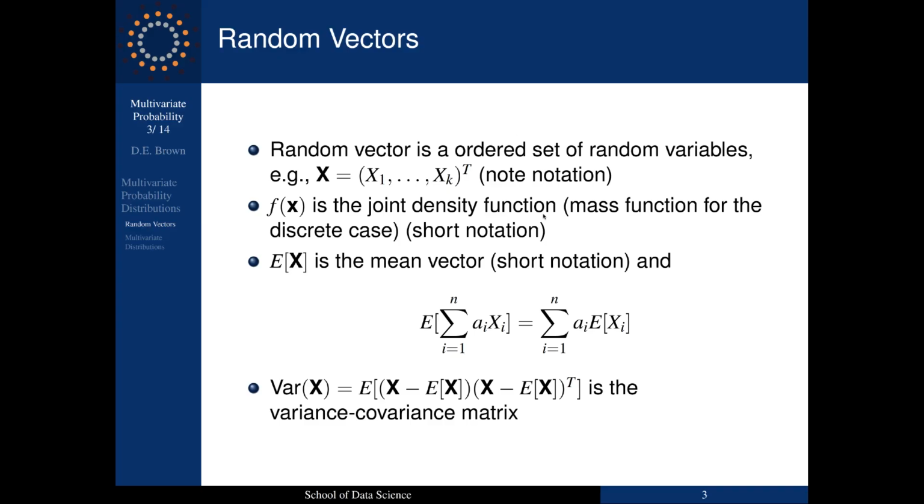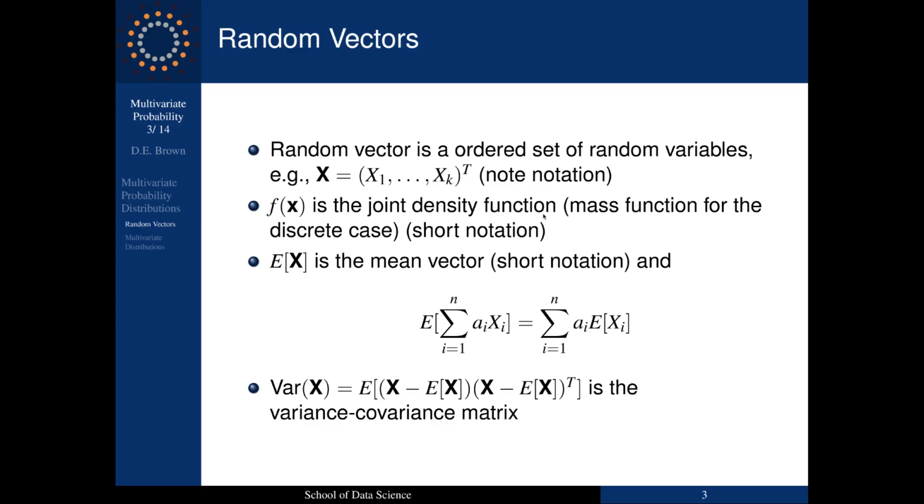Finally, as we think about distributions for random vectors, it's important to talk about the variance. And in this case, we have a matrix. So the variance of the random vector x then is actually the expectation of the outer product of x minus the expectation of that random vector with itself. This outer product then produces a matrix. The long name for it is a variance-covariance matrix.